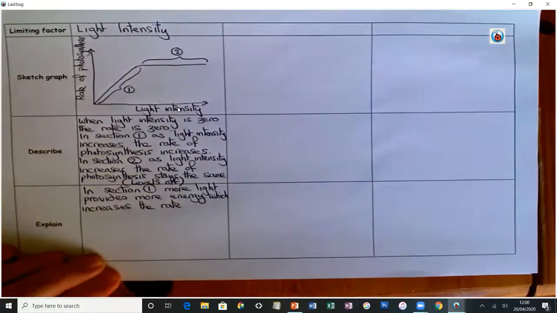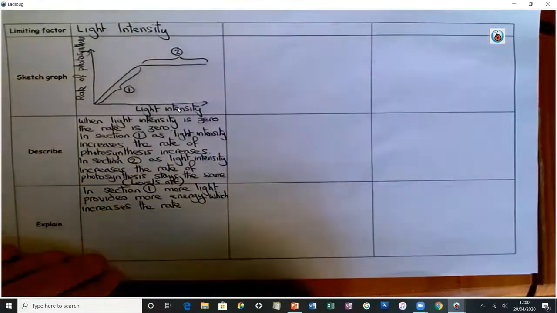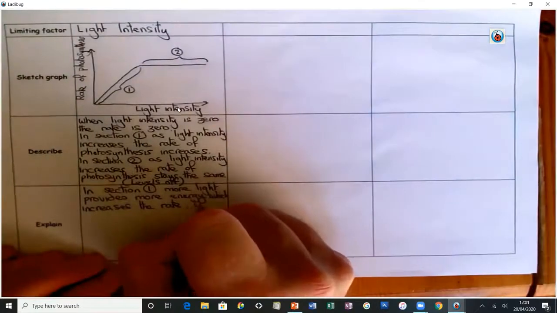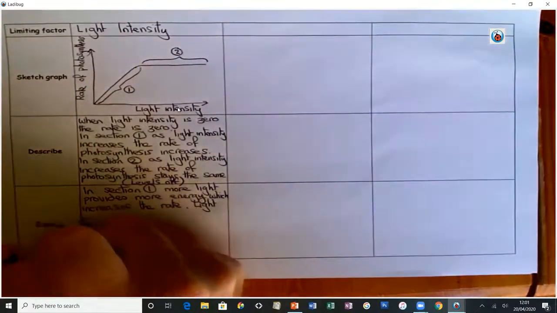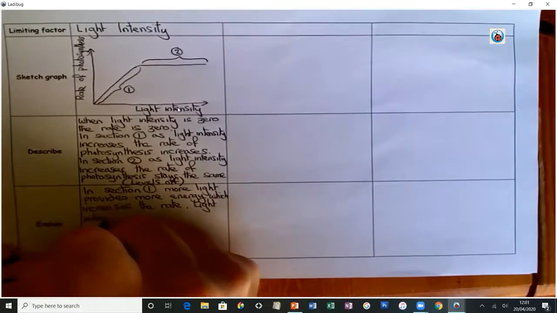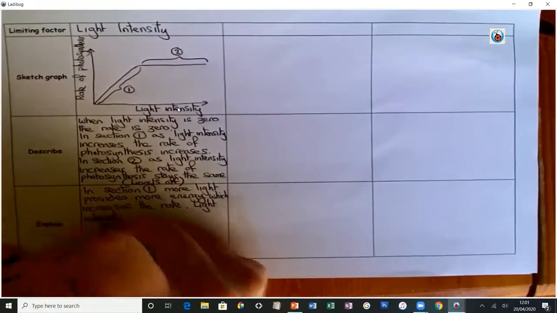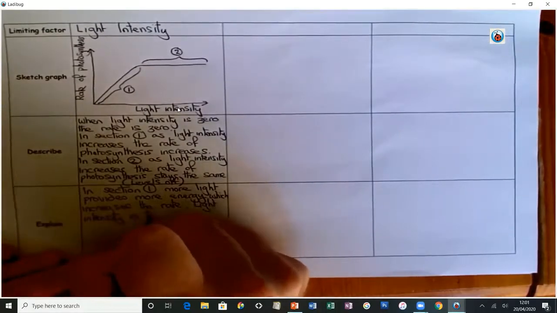Okay, so what does that tell us? It tells us that in section 1, light intensity is the limiting factor.